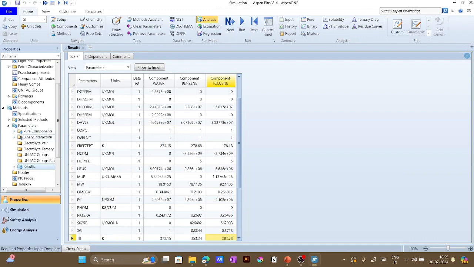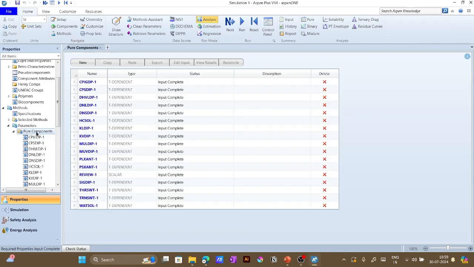Under this parameter option itself, you see this pure component option. When you click into that, how various properties are calculated is also mentioned, like various methods to calculate these properties. Again, it uses its own convention that we don't know of. So let's say I want to understand what this method KLDIP is.